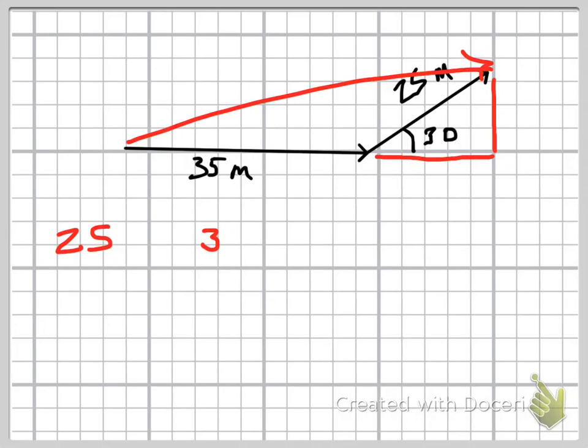So therefore, we can use the algebraic formula to move the 25 meters for the hypotenuse over to the other side of the formula. So it would turn out something like this: 25 sine of 30, which would give you 12.5.